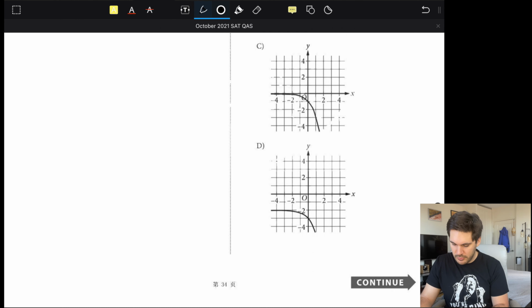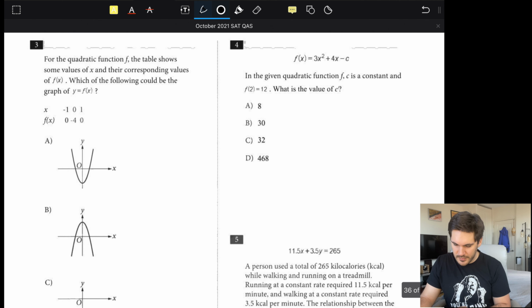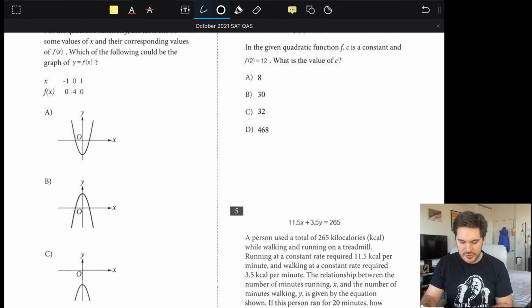Next, number 3. For the quadratic function f, the table shows some values of x and their corresponding values of f of x. Which of the following could be the graph of y equals f of x? Presumably this should have been like an actual table, but it's fine. They gave us the x values and the corresponding y values. So we see that when x equals -1 and 1, y should be equal to 0.